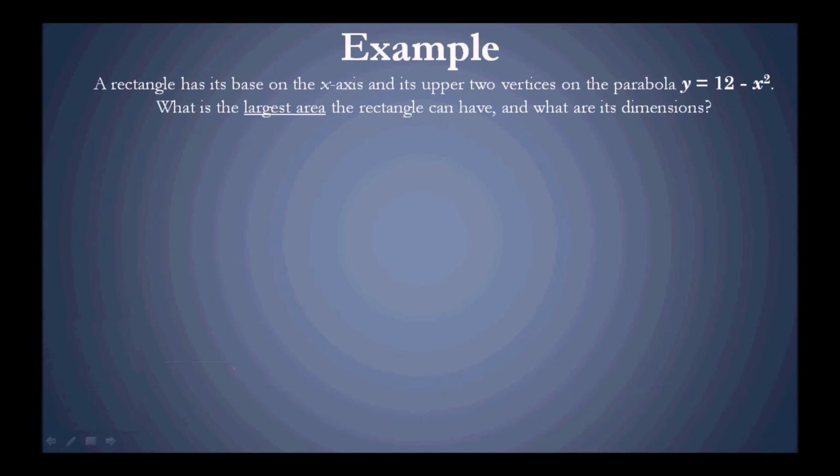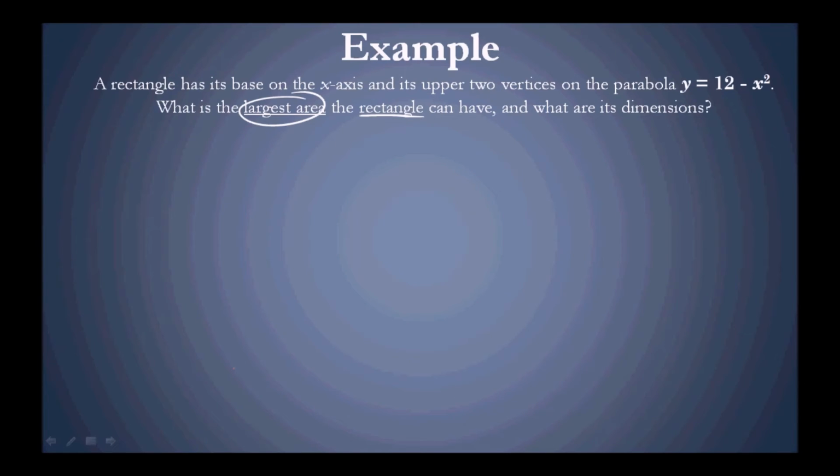A rectangle has its base on the x-axis and its upper 2 vertices on the parabola y equals 12 minus x squared. What is the largest area the rectangle can have, and what are its dimensions? So again, we're finding the largest area, in other words, maximizing area of a rectangle, but we have some limitations here.